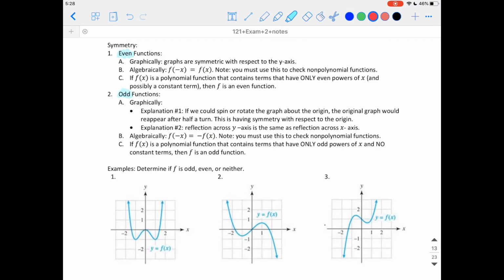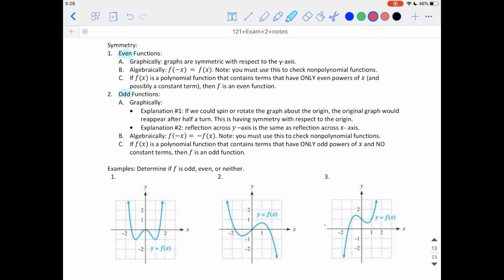All right, so for even functions, part A says, graphically, graphs are symmetric with respect to the y-axis. We just finished doing transformations in the previous lesson, so hopefully we know that if we reflect it across the y-axis, it's like we're flipping it from left to right, just flipping it over.